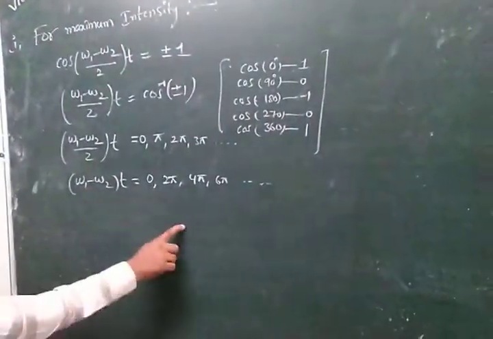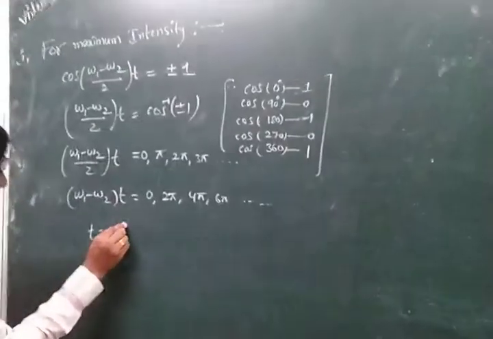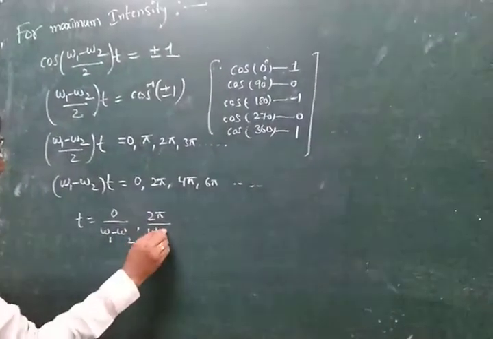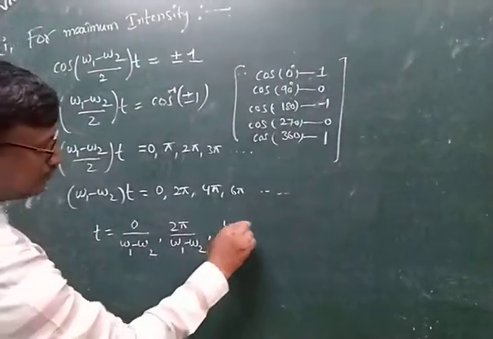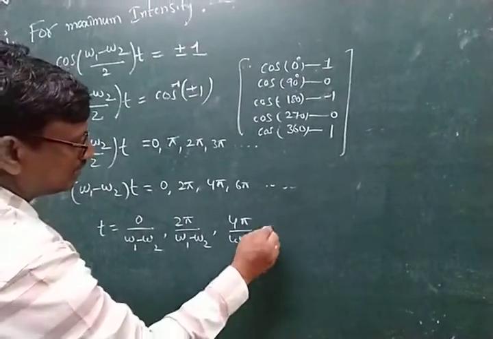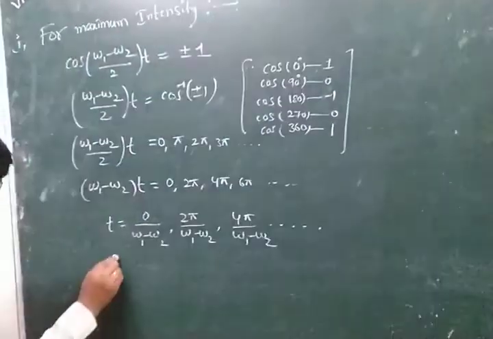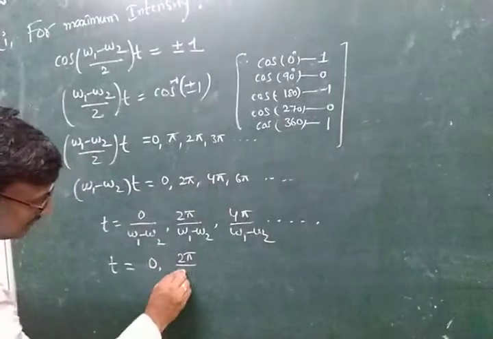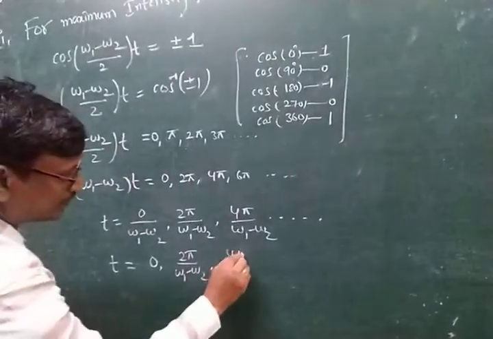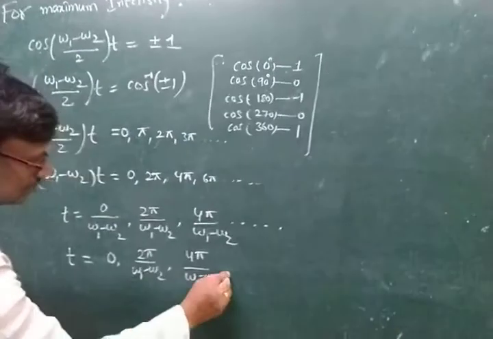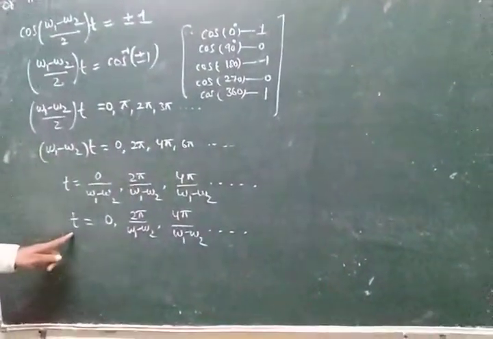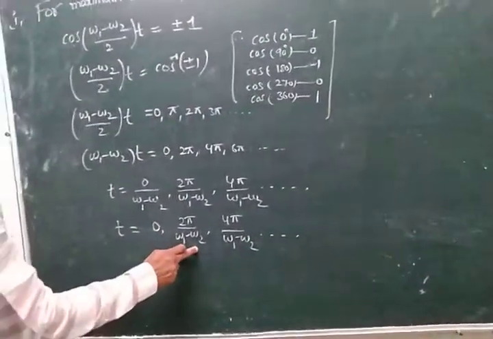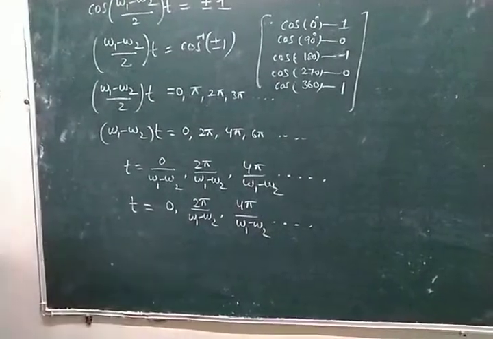Taking omega 1 minus omega 2 to the other side, t is equal to 0 by (omega 1 minus omega 2), 2 pi by (omega 1 minus omega 2), 4 pi by (omega 1 minus omega 2) and so on. 0 by something is 0. This is the time interval for the maximum intensity: 0, 2 pi by (omega 1 minus omega 2), and 4 pi by (omega 1 minus omega 2).